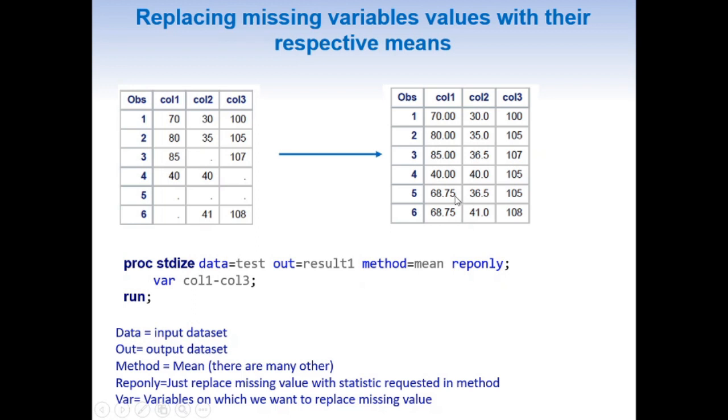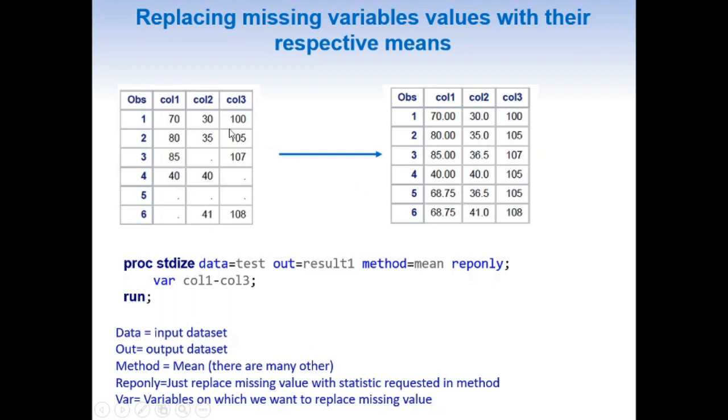Here you can see in the result that by using this proc standardize, we were able to successfully replace missing value with their respective means. See, in the case of call1, the mean was 68.75 and it replaces the missing values in the call1 with 68.75.